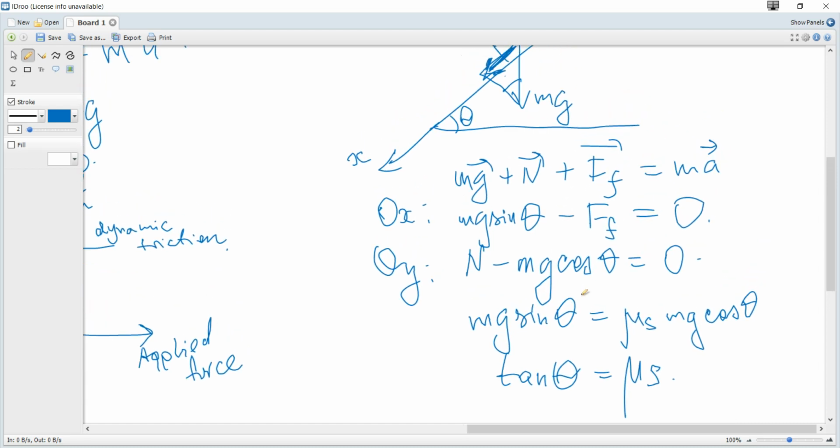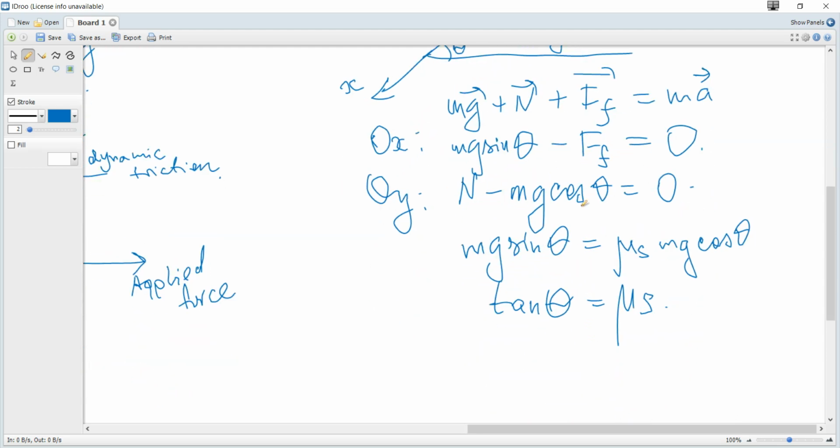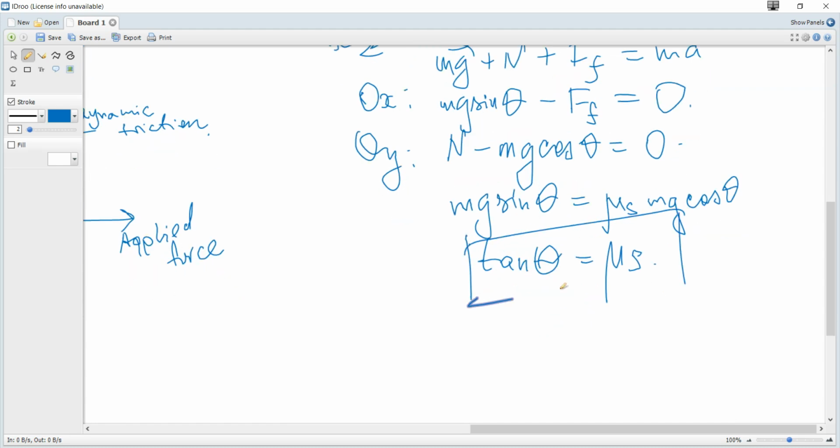And notice that we consider a moment when it just starts to move, and hence from this equation we can get a critical value of theta, which is arctangent of the coefficient of static friction. Or you can calculate the critical angle theta for a given coefficient of static friction.